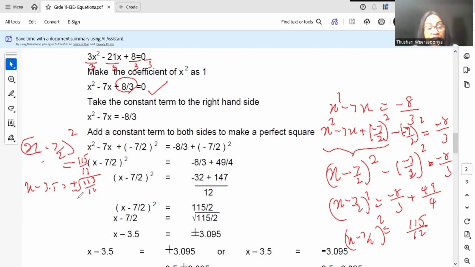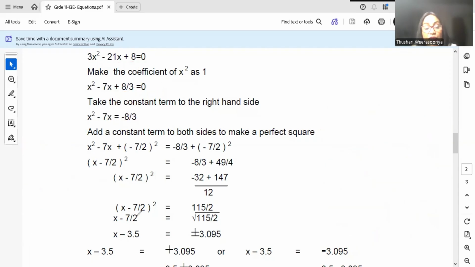Now this value, in the exam they will give this value. That is 3.095, you don't need to worry about that. Right? X minus 3.5. Then take this now. You can break it into pieces. I'll erase this first, then I can get that.